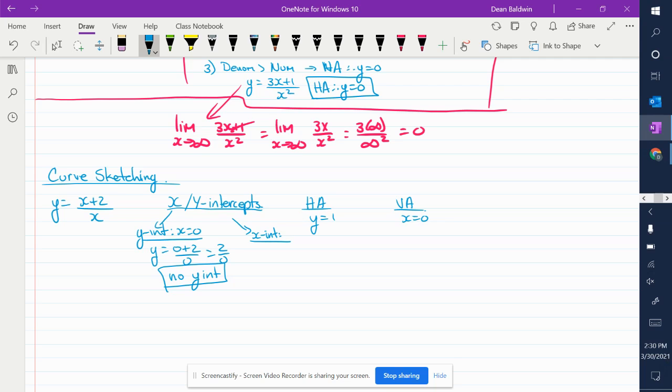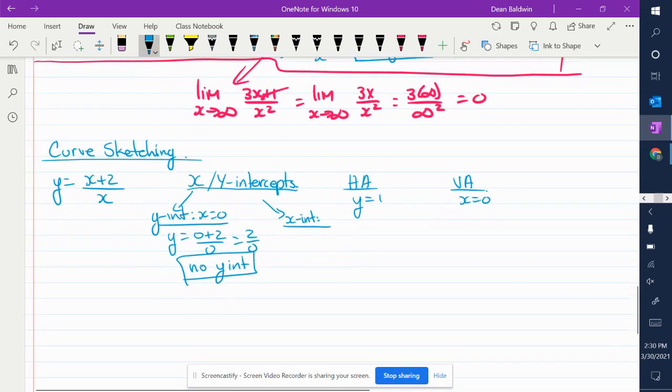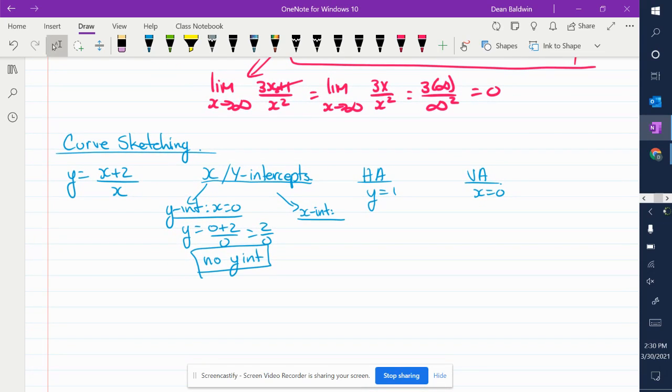How do you find those? Okay, but how do you find them? Make y 0. So if I make y 0, this is like one of the questions you did on the stuff I gave you yesterday.